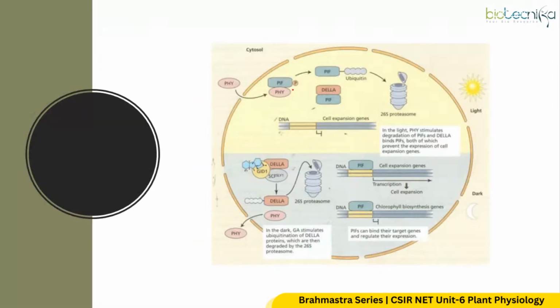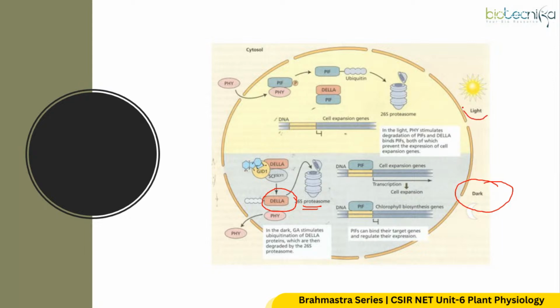Now, if you look at this image in a different version, in case you are confused over there: in the dark condition, gibberellic acid will bind to its corresponding receptor and target the repressors to proteasome-mediated degradation. So, depending upon the requirement, they will carry out the gene expression.